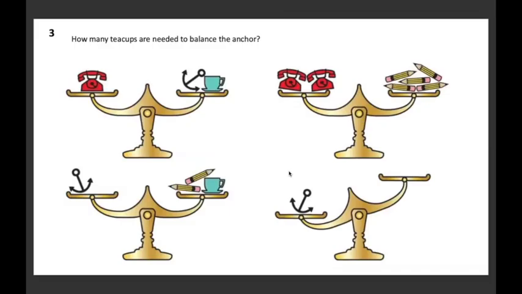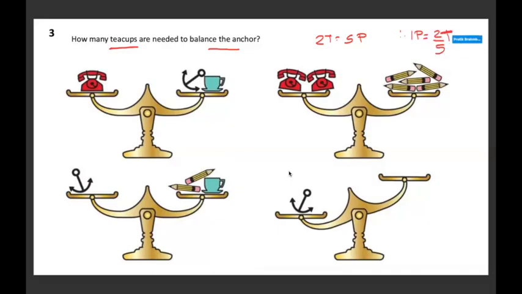We are given here certain conditions, certain equations. We have to identify how many teacups will balance the anchor. All right. So first we'll start with this part. 2 telephones is equal to 5 pencils. So therefore, 1 pencil is equal to 2/5 telephones.